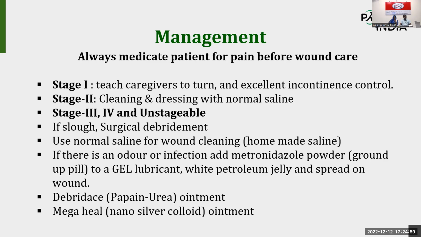Then stage 2, if we see a wound in stage 2, we can use normal saline for the cleaning and do the dressing, and we can educate them on the wound cleaning and the dressing. Then stage 3, 4 and unstageable. If the wound has slough and slough removal is possible, we can remove the slough. If surgical debridement is necessary for that wound, we can recommend that.